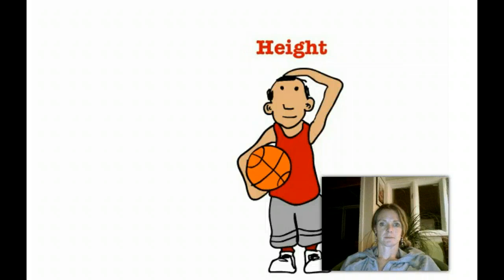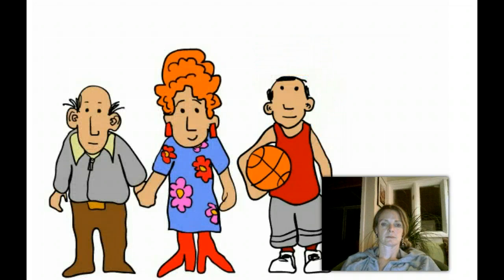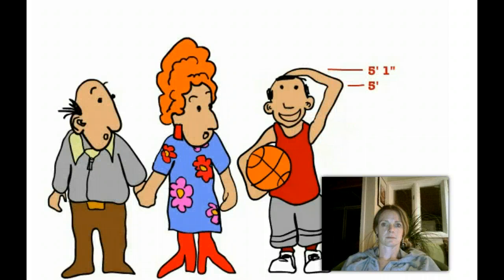Differences in some phenotypes, like height, are determined mostly by genes. If you had short parents and grandparents, you probably don't tower over your peers, though environmental factors like nutrition can have some effect on your height.